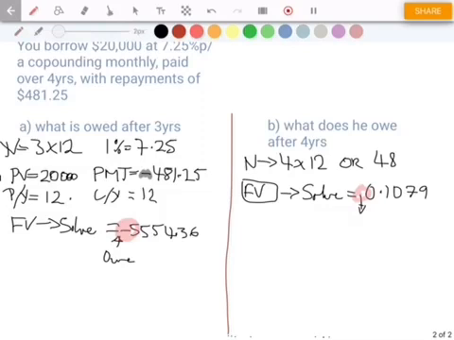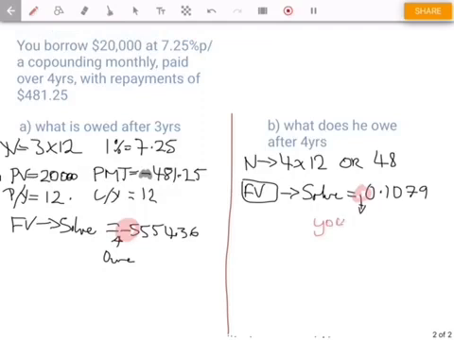That positive simply means that you are owed money. Okay. So the last repayment, instead of being $481.25, will be reduced by 11 cents.